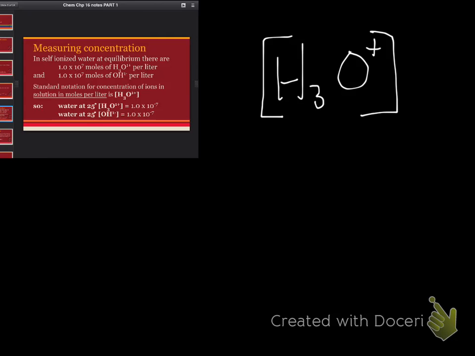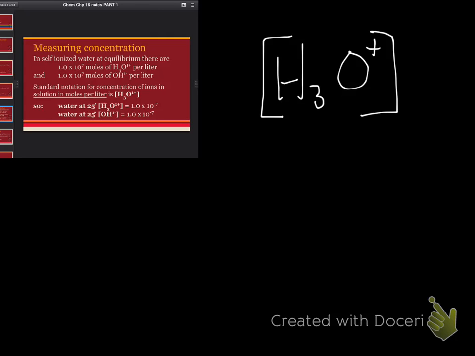So this would be the notation we would use to represent the concentration of hydronium ions in a solution. Okay. And I should let you know that the amount of self-ionization that goes on changes a little bit at various temperatures. At anything near room temperature, we're going to have that 10 to the negative 7th moles of 3-eared Mickeys and 10 to the negative 7th moles of 1-eared Mickeys.